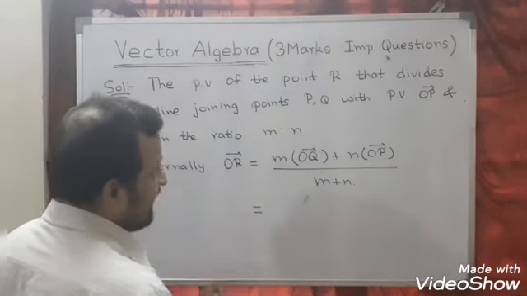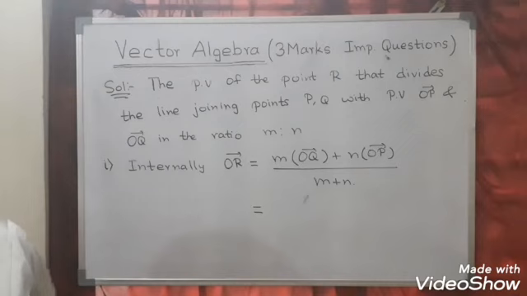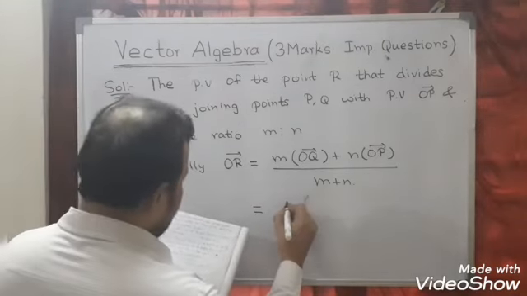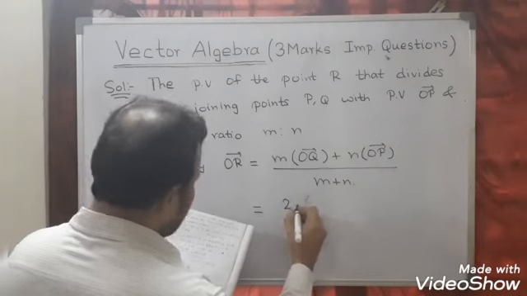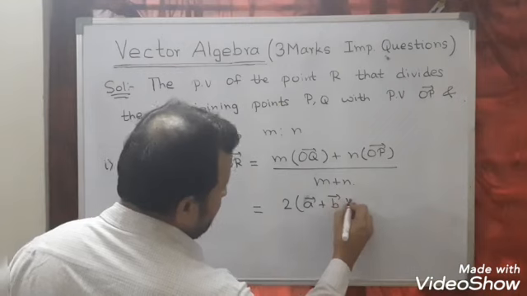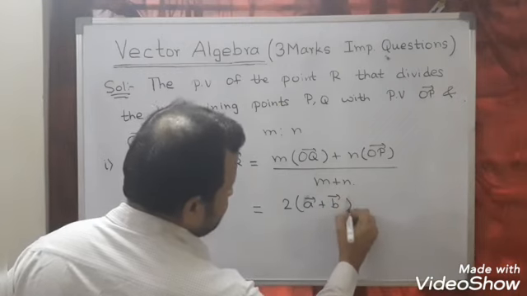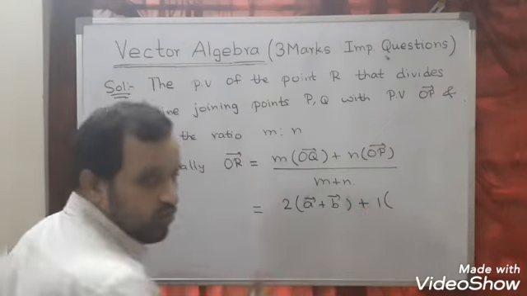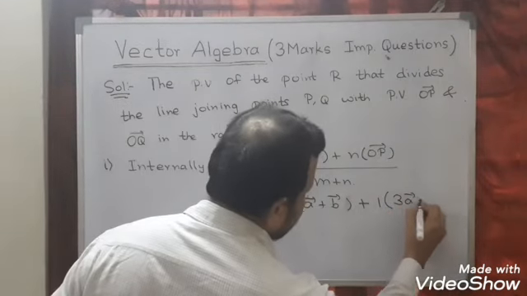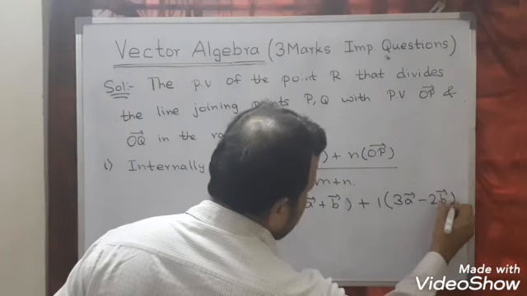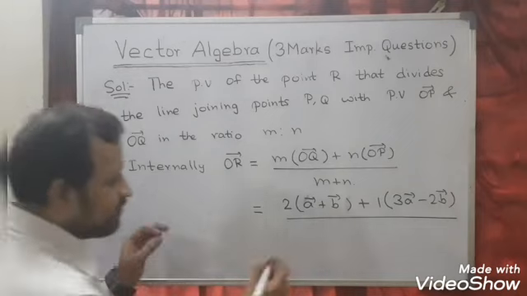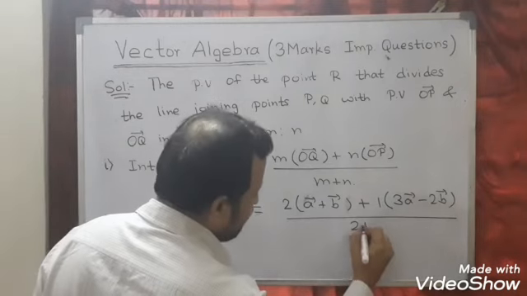Here the ratio is given as 2:1. So m is 2 into OQ. OQ is given as A plus B vector, plus n, which is 1, into OP. OP vector is given as 3A minus 2B, divided by the sum of the ratio, 2 plus 1.